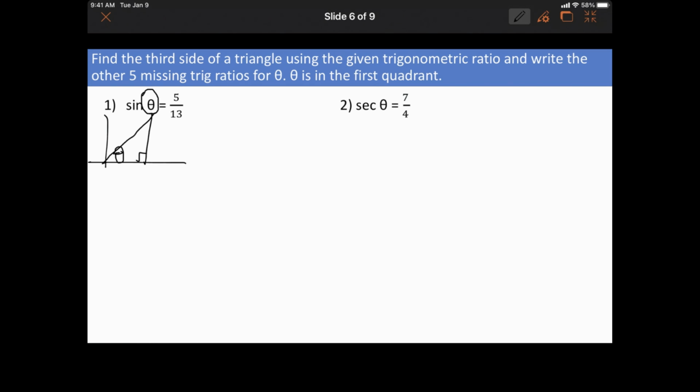Now remember, sine is opposite over hypotenuse. So my opposite, if this is my theta, my opposite's here. So this is 5. My hypotenuse is 13. So we have to find the adjacent side here. And guess what we're going to use? That's right, we're going to use the Pythagorean theorem.